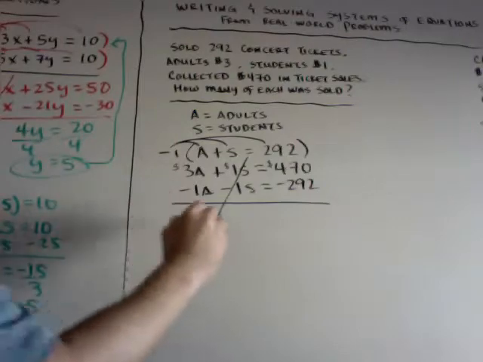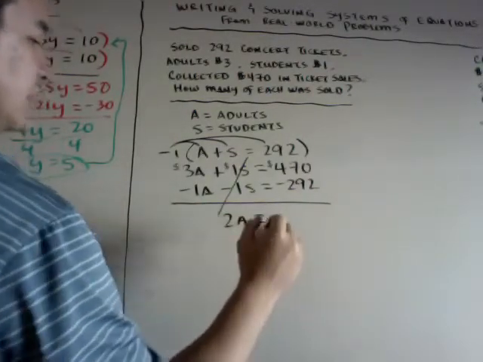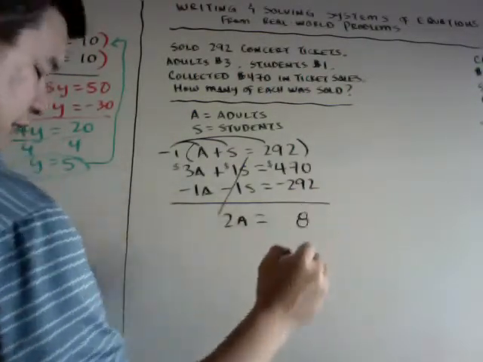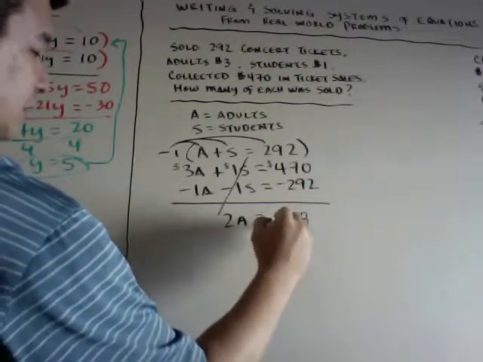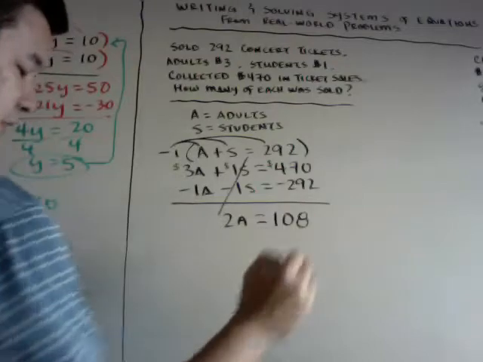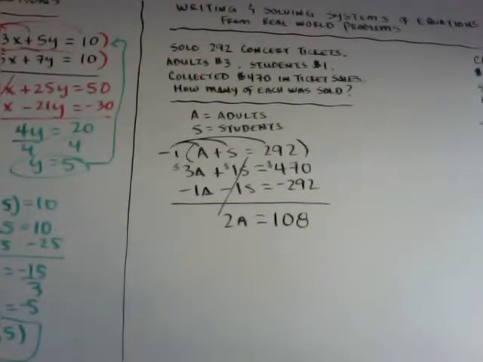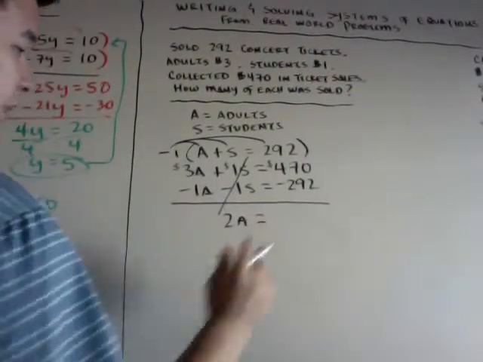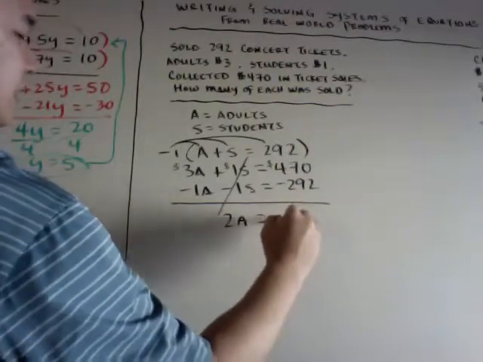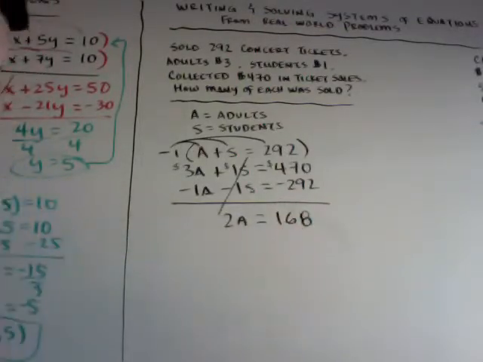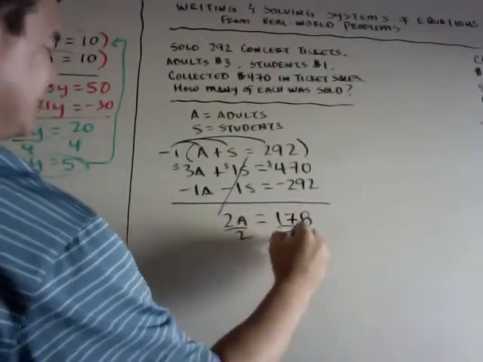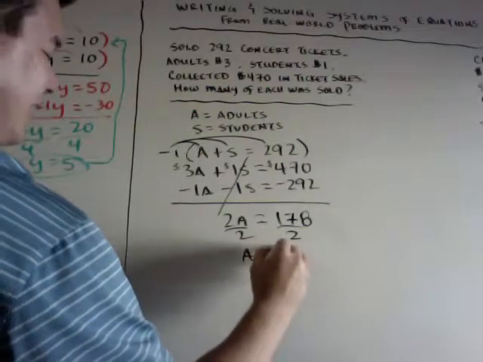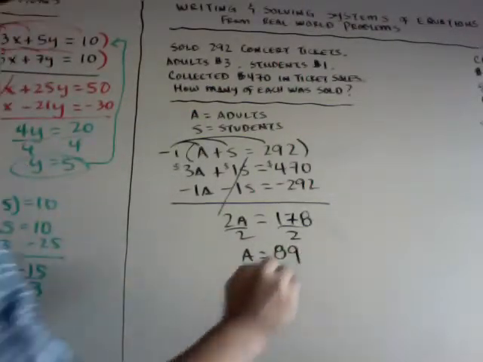When I solve this, I get 2A is equal to 178. Sorry. Divide by 2. And A is equal to 89 tickets.